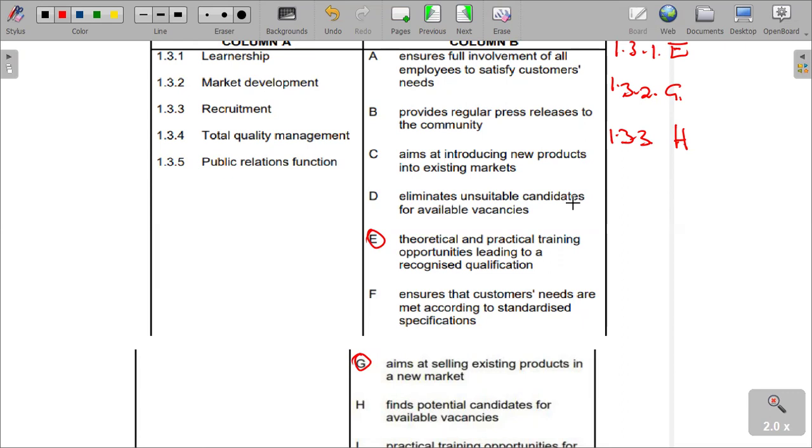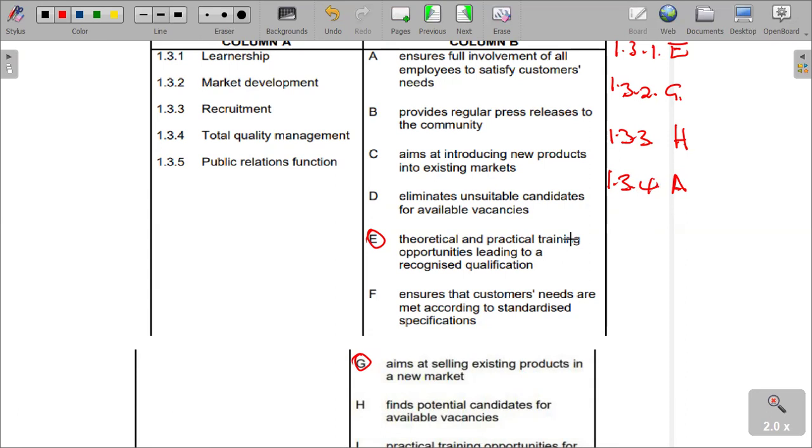In an organization, when we talk about total quality management, it is an approach that an organization implements, that every member in an organization in his respective functional area or departments is to ensure that he provides the best in order to make sure that customers are happy or customer needs are satisfied. So it is A.